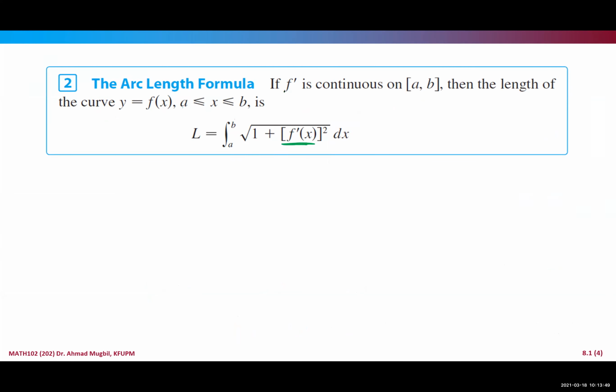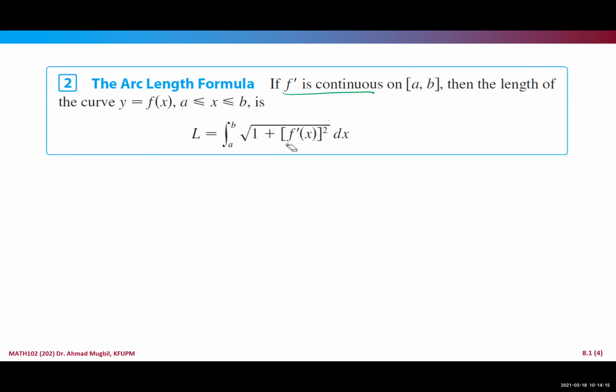If the function is continuous, it will be integrable. So if the derivative is continuous, then its square is continuous. When you add 1, it will be continuous. When you take the square root, it will be continuous. So this is a continuous function, so the integral exists.